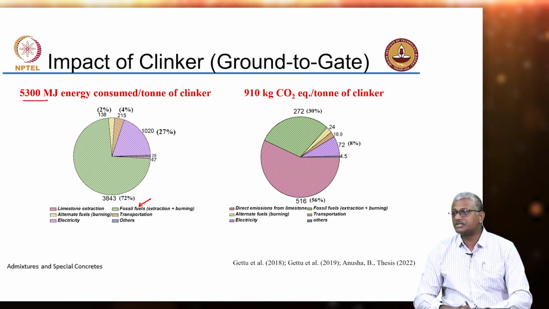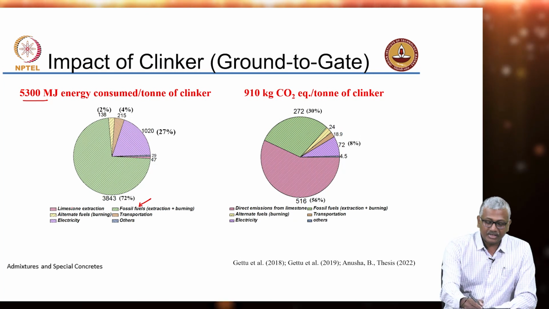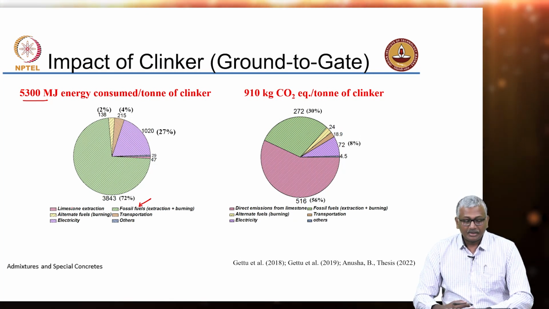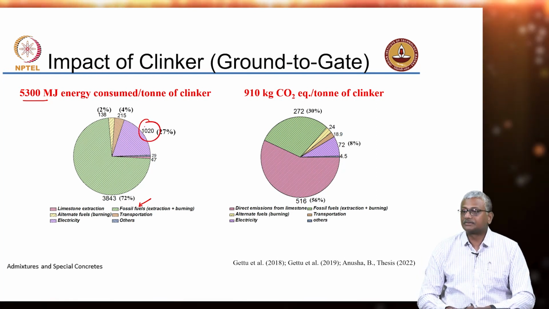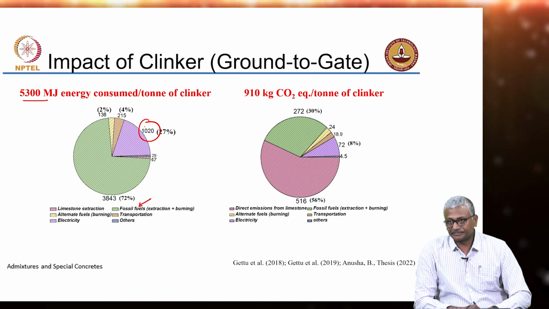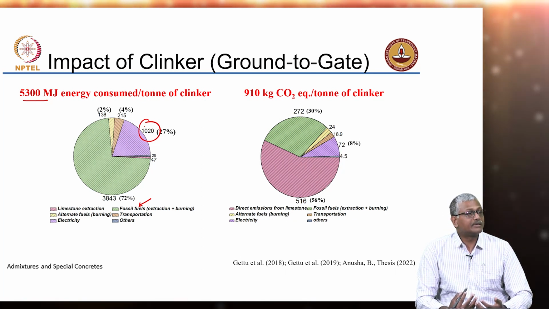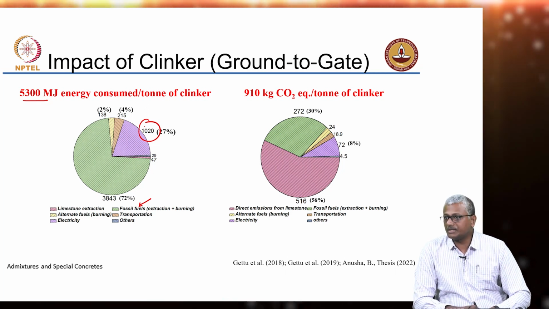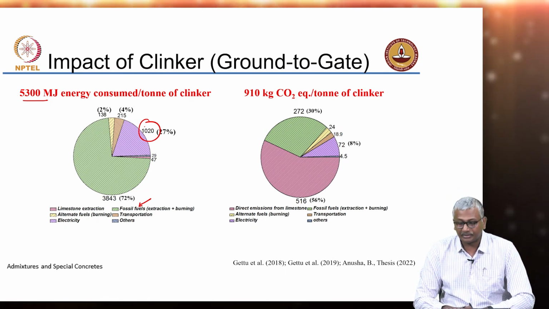So, you have a large way to cut down on that. Okay. The limestone extraction is not that much of a laborious process, it does not consume so much energy, but electricity also is the other contributor to the energy consumption. Okay. So again, fossil fuels, alternative fuels are a great way to reduce the extent of energy that is embodied in 1 ton of clinker.